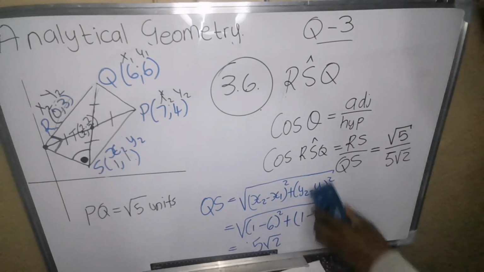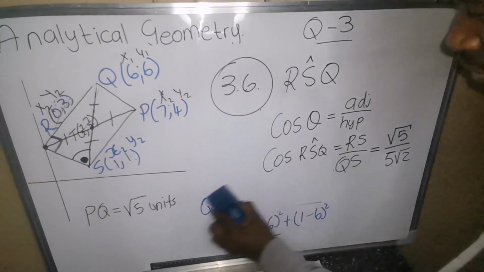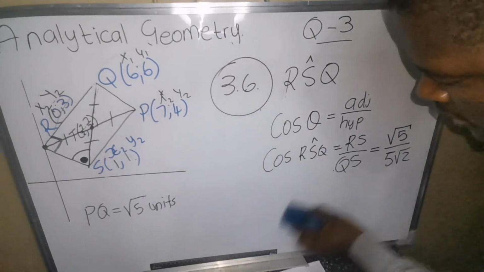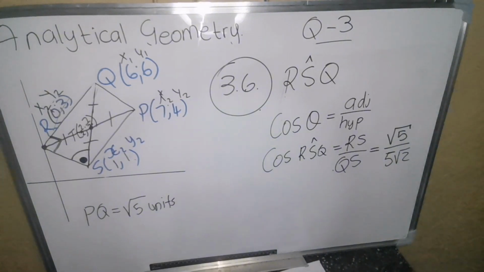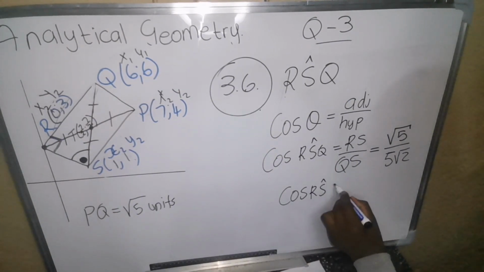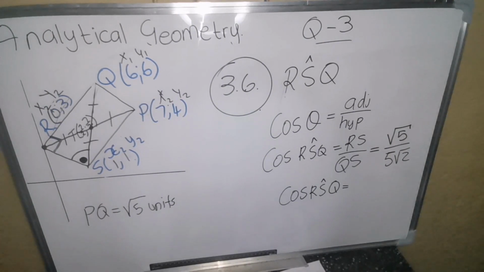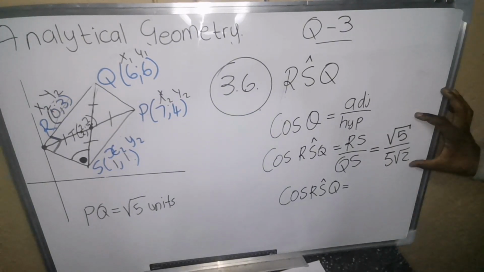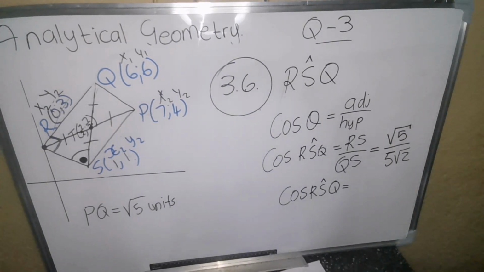I'm not done. I want to find the angle here, guys. Now how about the angle RSQ? Cos RSQ is equal to the square root of 5 over, at the bottom, 5 square root of 2.